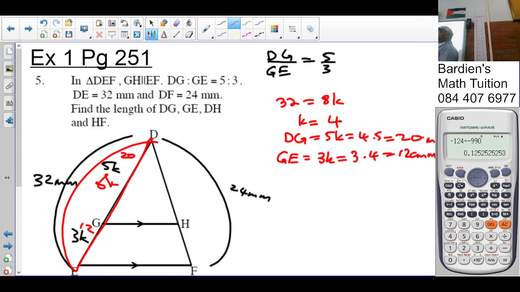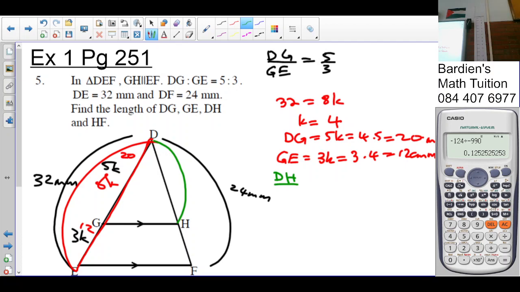Then they want to know DH. So DH, let's just close it. How are we going to calculate DH? We know that DH over what?